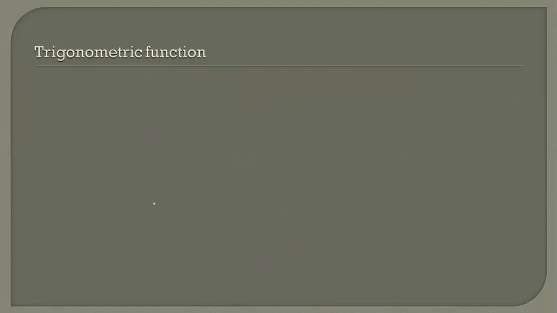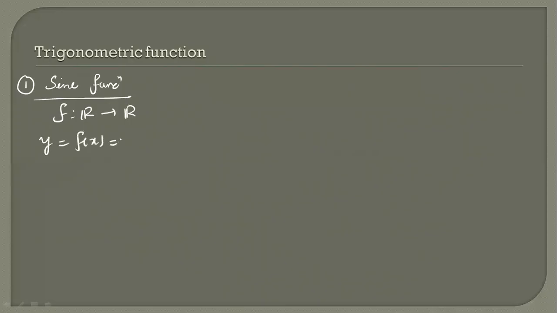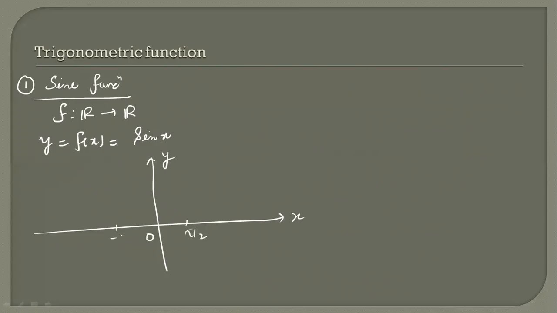Some trigonometric functions are also there. First is the sine function. If you have a function from real to real, f(x) equal to sine x, then you can draw the graph of sine x very easily. I'm just revising all the graphs for your better understanding. 0, pi by 2, minus pi by 2, pi, 3 pi by 2, 2 pi.